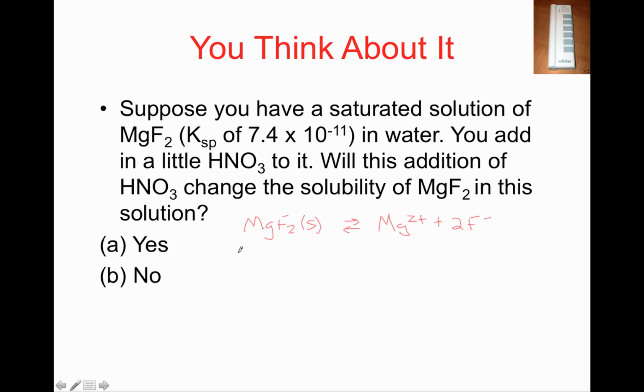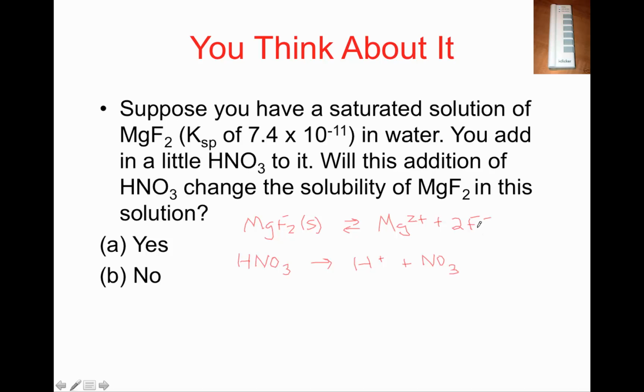But now I add some nitric acid to this solution, HNO3, and I get H+ and NO3-. And so the question again is, what's happening to the solution pH? Well, I would expect that putting F- into solution would certainly raise the pH.